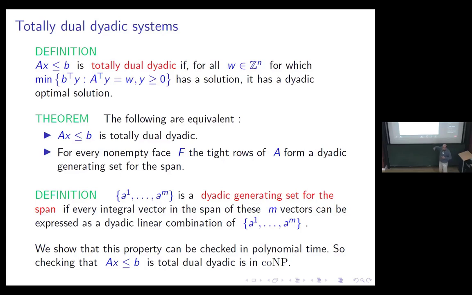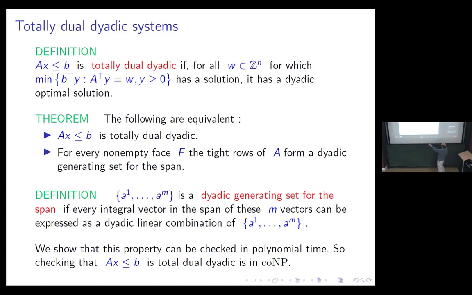Of course, we could also talk about a dyadic generating set for the cone, because we're talking about inequalities here. But because we were able to go from polyhedra to the affine hull, we can also get this result.